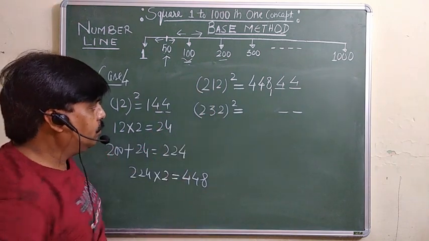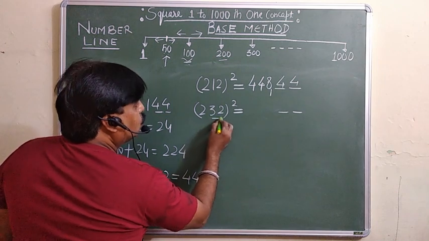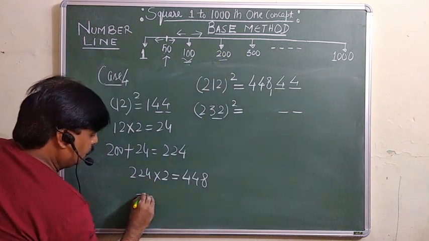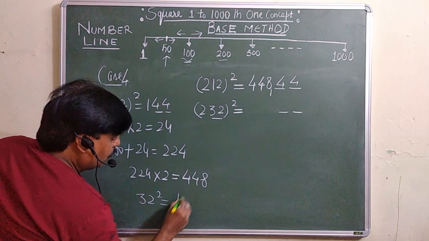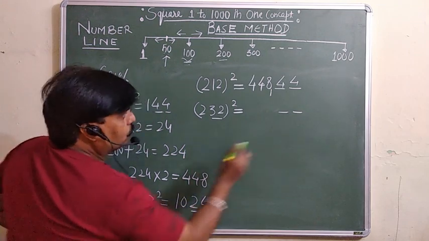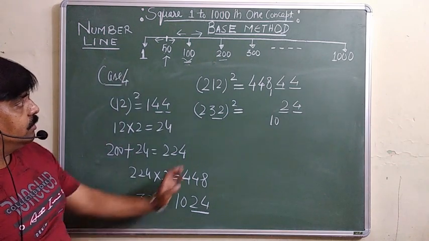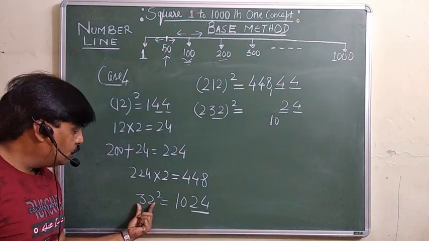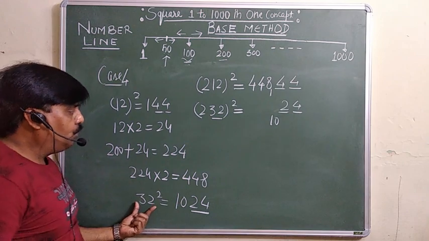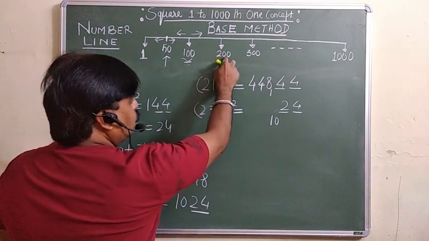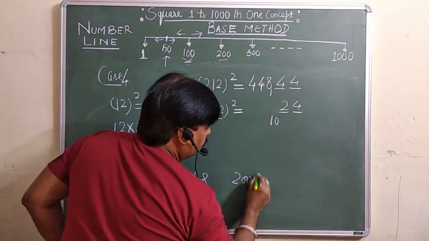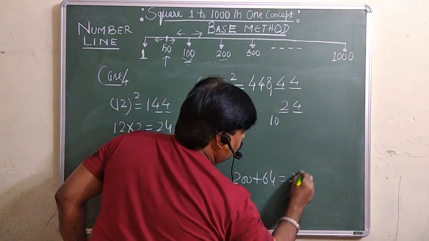Now similarly you can take this one. This is 32 more than 200. So 32 square means 1024. So 24 is here and 10 is your carry. See, twice of 32 is 64. 64 you must add to 200. 200 plus 64, that is 264.